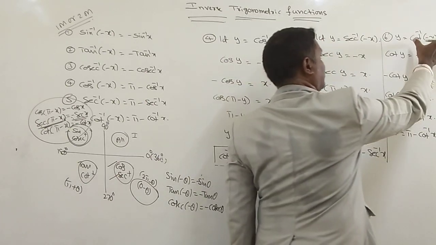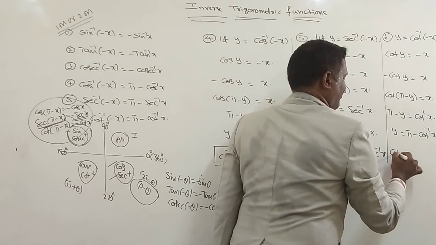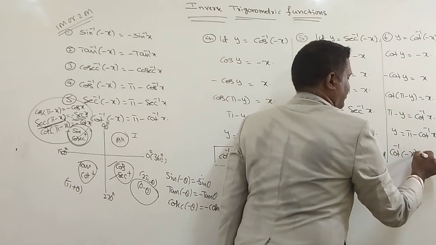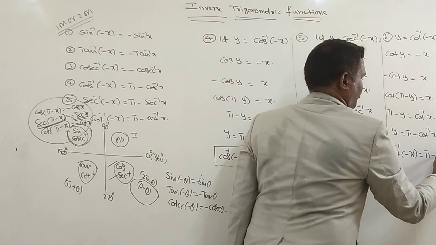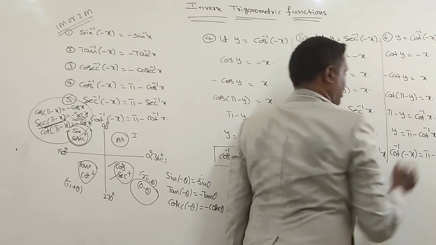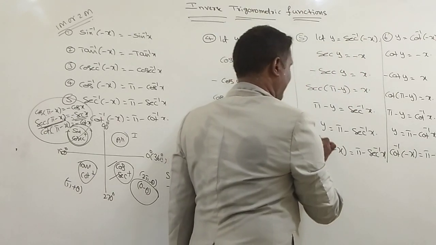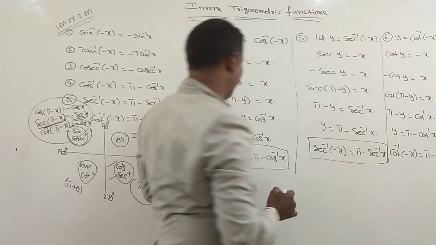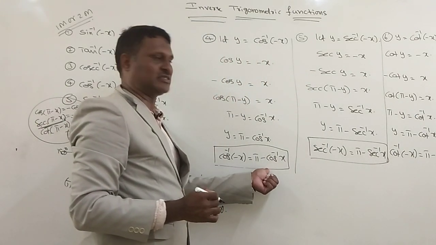Now what is y actually here? Cot inverse of minus x. So cot inverse of minus x equals pi minus cot inverse x. So we have a formula: cos inverse of minus x is pi minus cos inverse x.